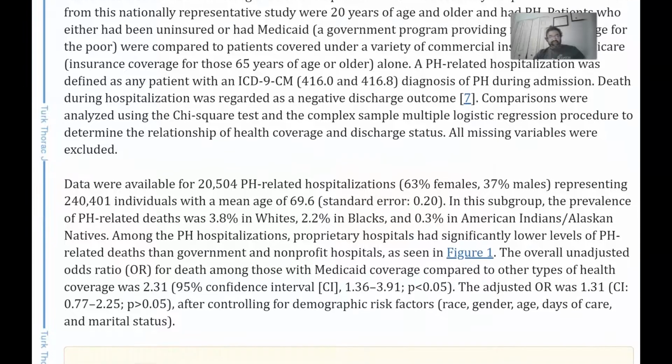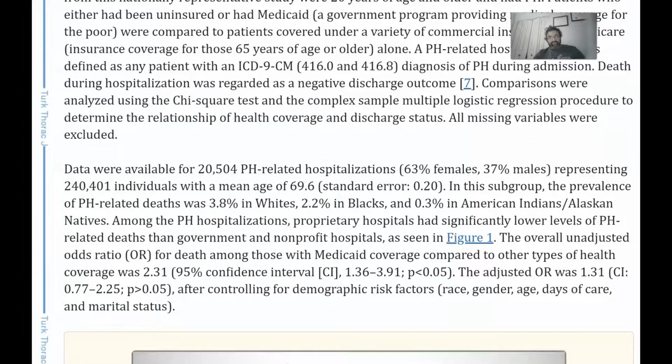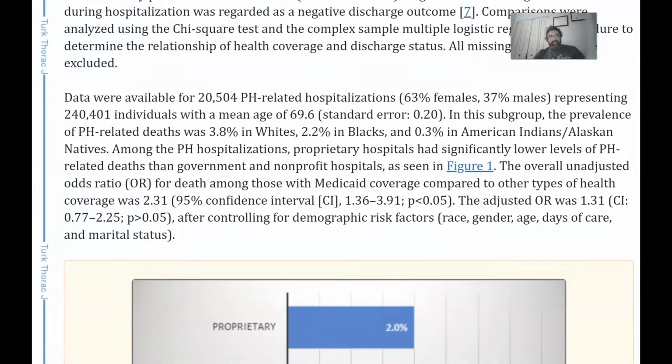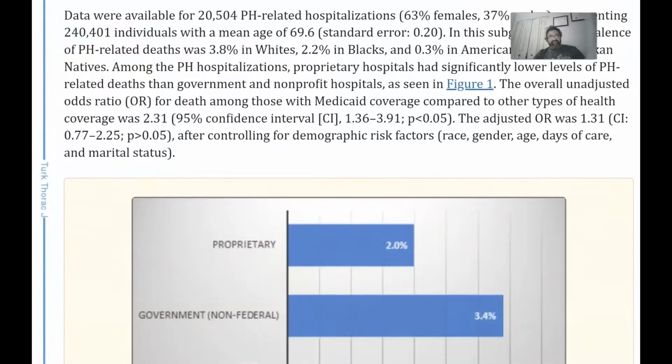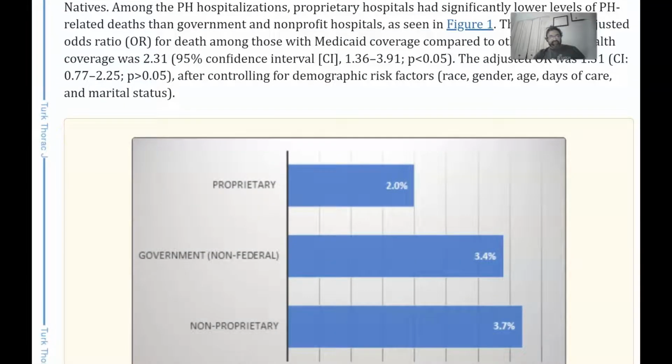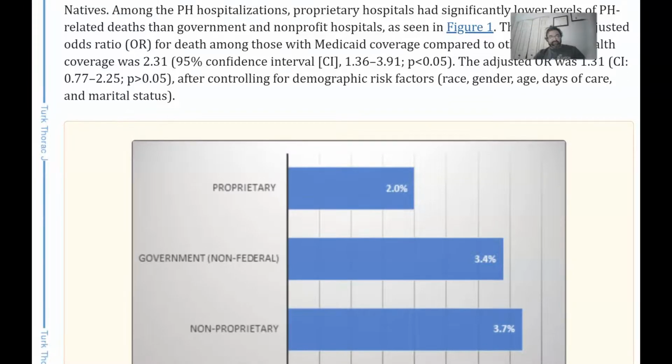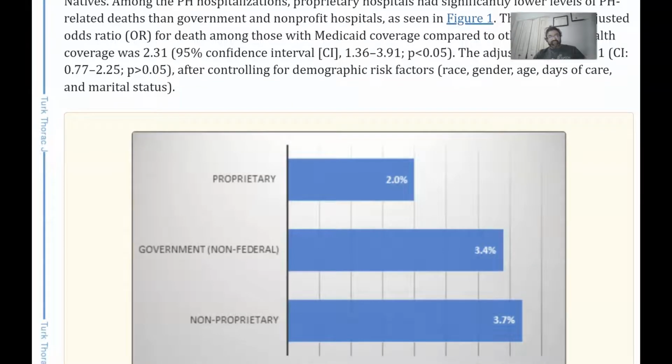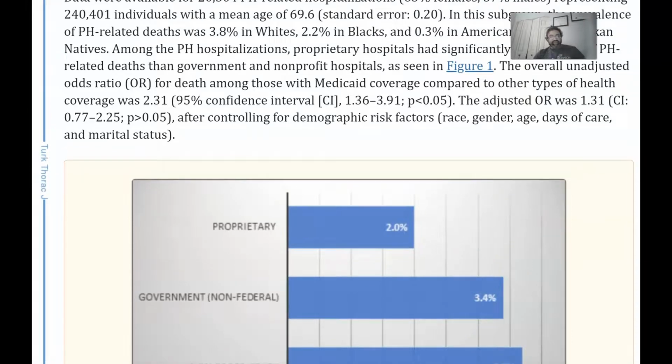The goal there was to take a look at proprietary versus government, non-federal, versus non-proprietary hospitals. The mortality rate in those two is higher than the proprietary rate.